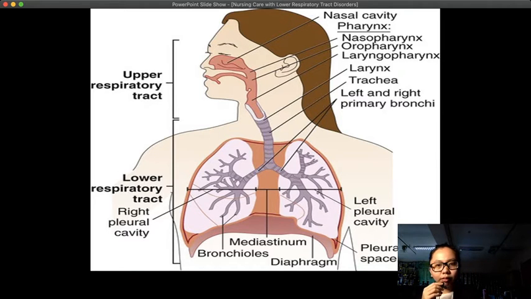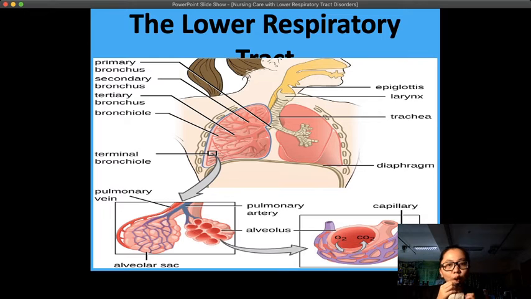Okay, so this is the lower respiratory tract. Okay, so in the lower respiratory tract, that would be the primary bronchus, secondary bronchus, tertiary bronchus, the bronchioles, and then we have the terminal bronchiole, we have pulmonary vein, we also have pulmonary artery, we have the capillary, alveolus, and the alveolar sac.